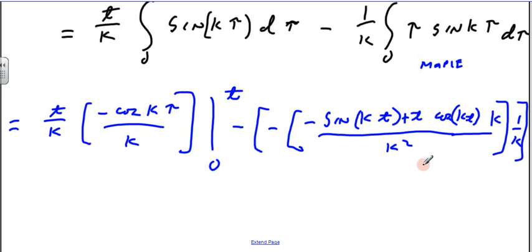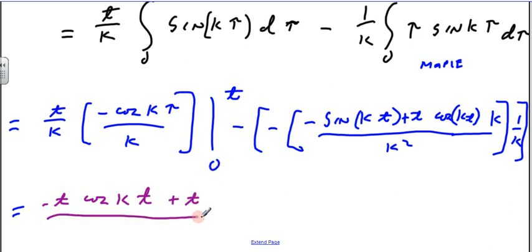Okay, so what do I have? I have minus t cosine kt plus t when this is 0, divided by k squared.